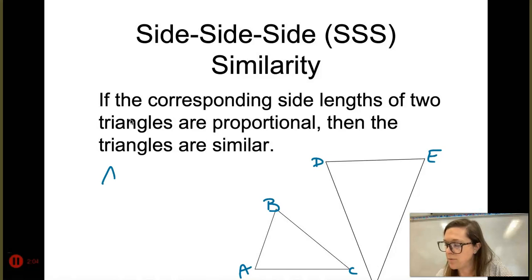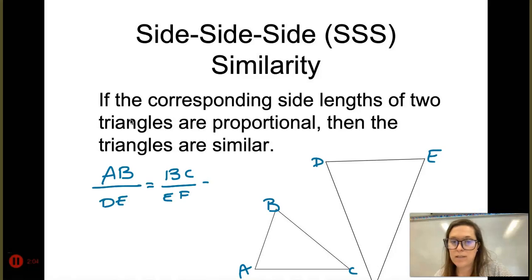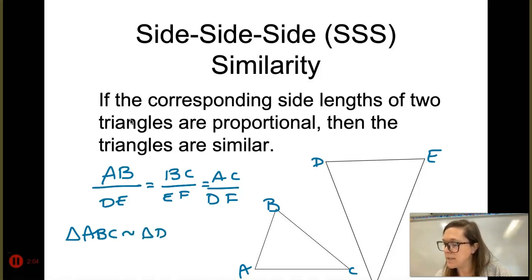So if it's true that AB over DE is equal to BC over EF, which is equal to, what's my last side I'm missing, AC over DF, so if all those ratios are the same, then we know that triangle ABC is similar to triangle DEF by side, side, side similarity.